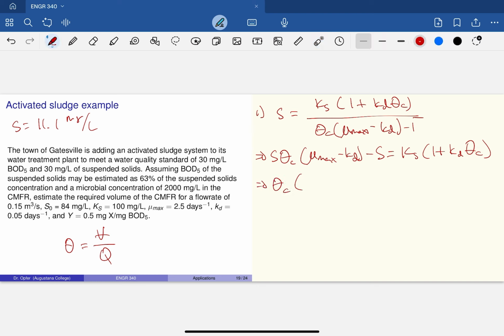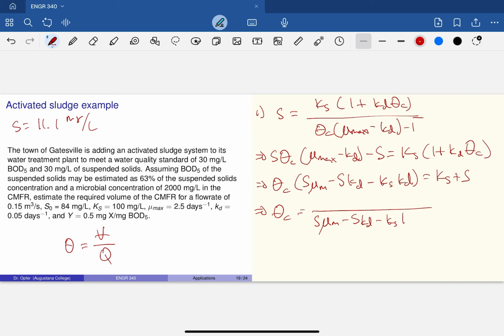I'll have theta C times S mu max minus S Kd, so that's just distributing this S to both of these terms. And then I'm going to take minus Ks Kd over from this side. And then all of that is going to be equal to Ks plus S. Therefore, theta C is equal to Ks plus S in the numerator, and S mu max minus S Kd minus Ks Kd in the denominator.